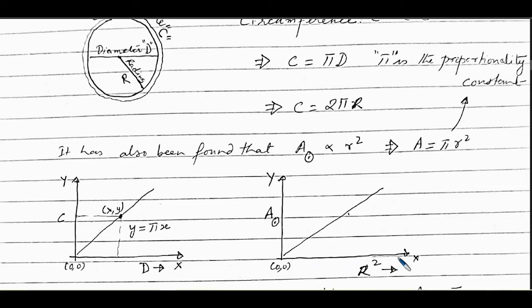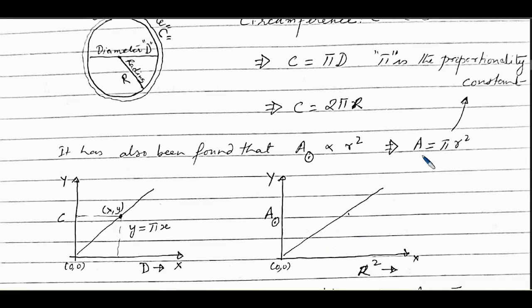Okay, this is your r square. You know what the radius is because you have drawn this circle yourself. So if you plot area versus r square, again you will get a proportionality constant which is pi.